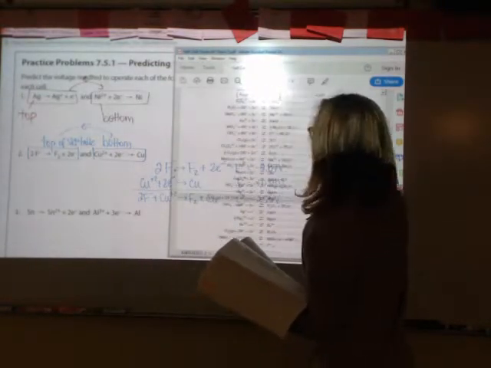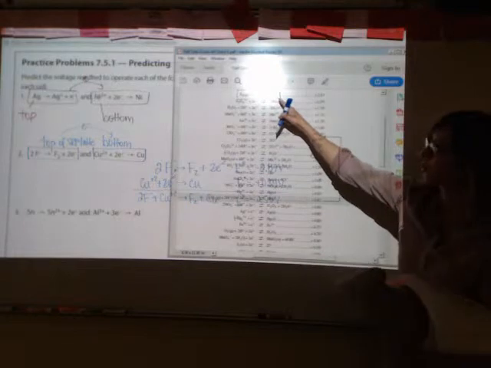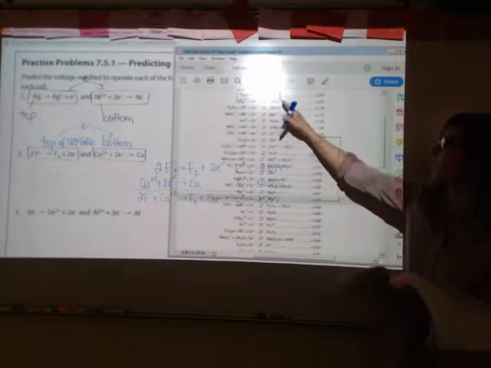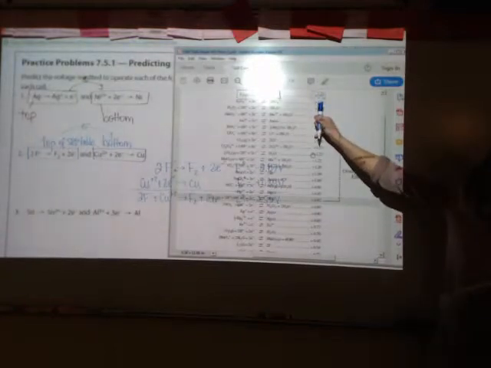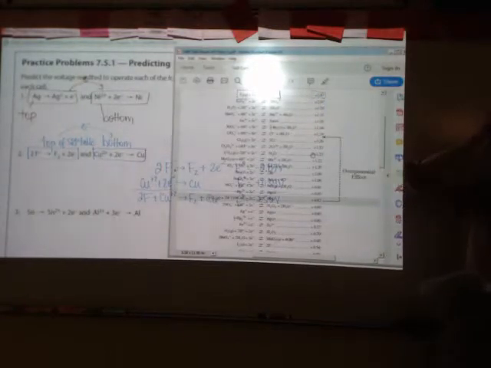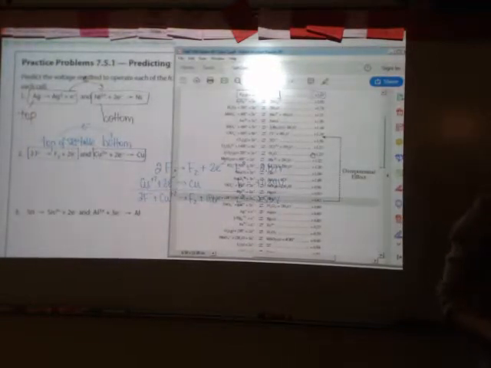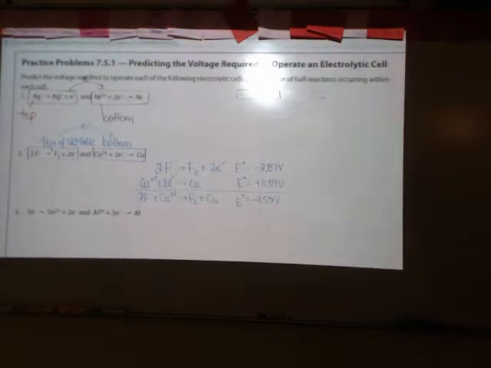And so since the oxidation would be losing electrons and we reverse this half-reaction in the practice problem, you have to put the opposite sign on the reduction potential. So it became negative 2.87. Does that make sense? Yeah? Questions for me before I go on?